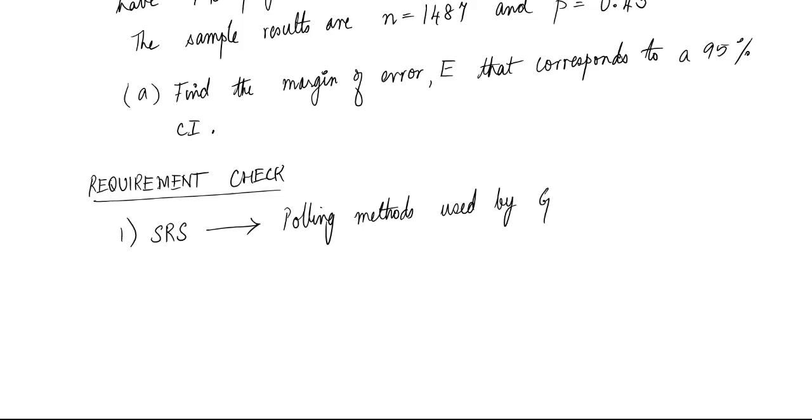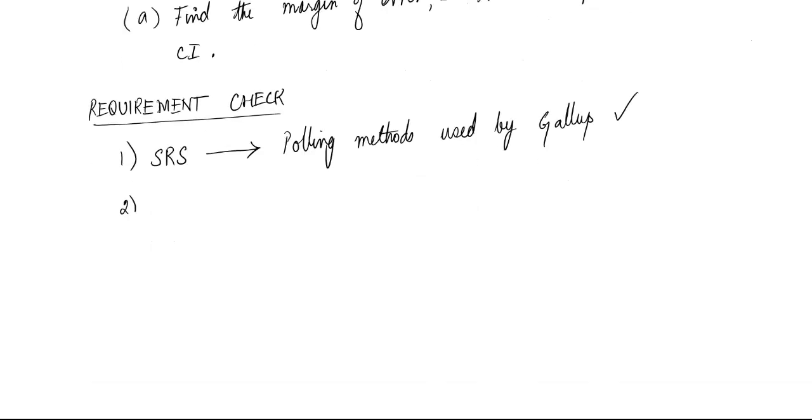If you don't have that information, you're not sure if you can rely on it, you have to do that background check and research how they collected their data. But for the purpose of this problem, we are using the information we are given instead of researching it. We're told it's a Gallup organization that did this poll, so we're okay with that.